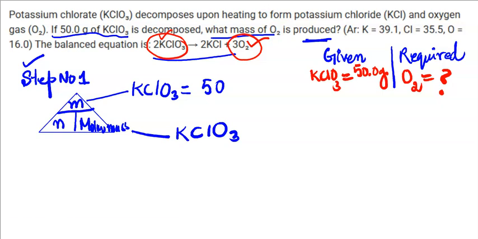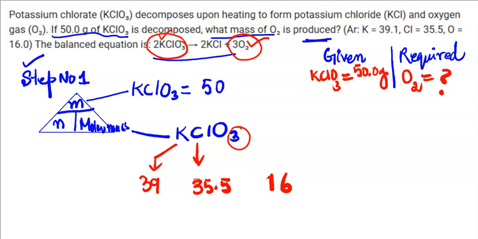For calculating molar mass, you need to know the Ar of KClO3, that is K is 39, Cl is 35.5 and oxygen is 16.